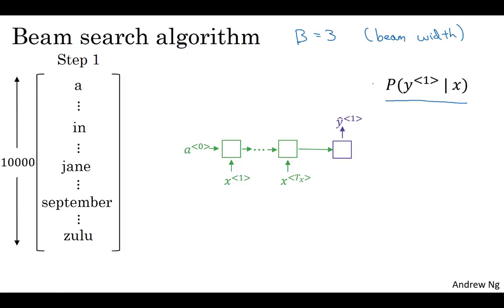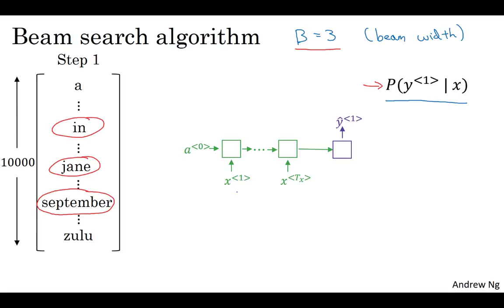So in particular, let's say evaluating this probability over different choices of the first word, it finds that the choices in, Jane, and September are the most likely 3 possibilities for the first word in the English output. Then beam search will store away in computer memory that it wants to try out all 3 of these words. And if the beam width parameter was set differently, say 10, then it would keep track of not just 3, but of the 10 most likely possible choices for the first word.